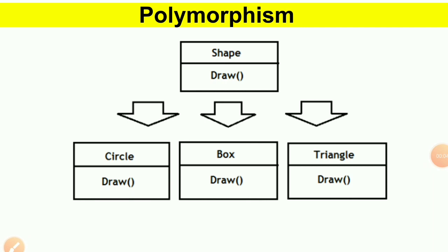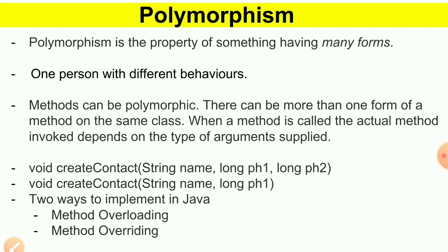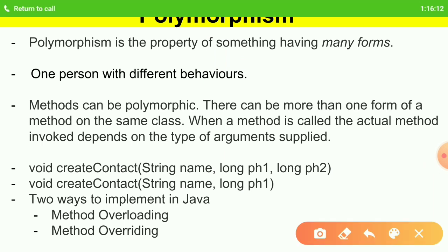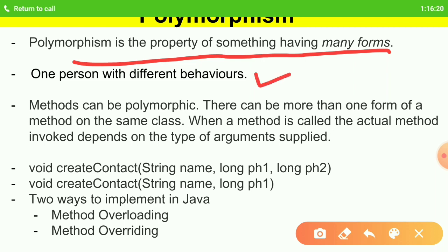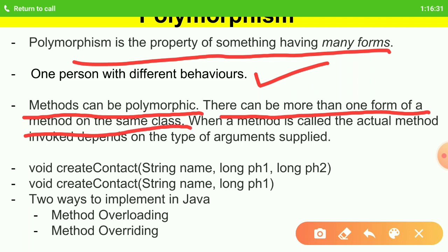First let us see some points regarding polymorphism. We have already seen this: polymorphism is the property of something having many forms, and I gave you the example of a person behaving differently. Then here, methods can be polymorphic. There can be more than one form of a method on the same class.